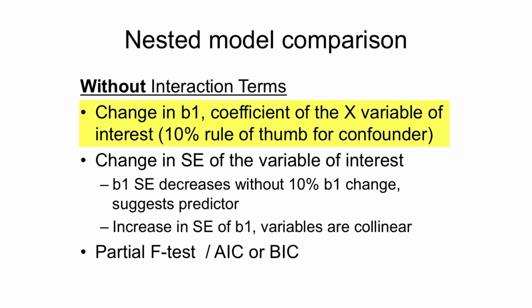So first, you should look at the change in the coefficient and standard error of the primary variable when the new variable is added, comparing the nested model without the variable to the full model that includes the new variable.